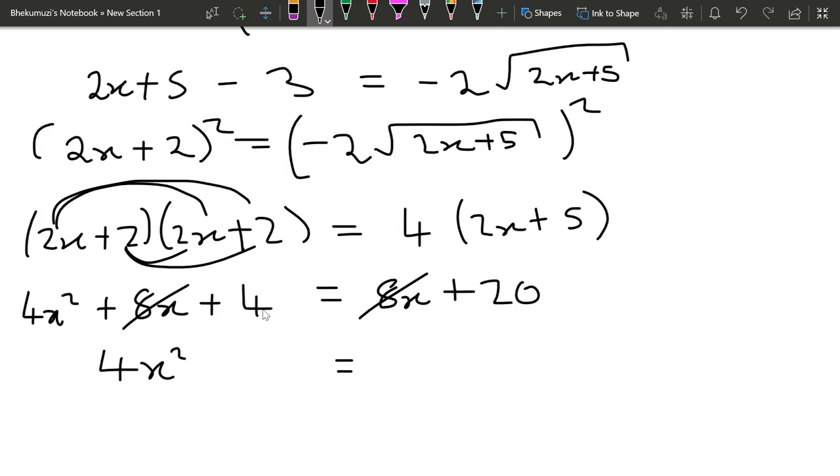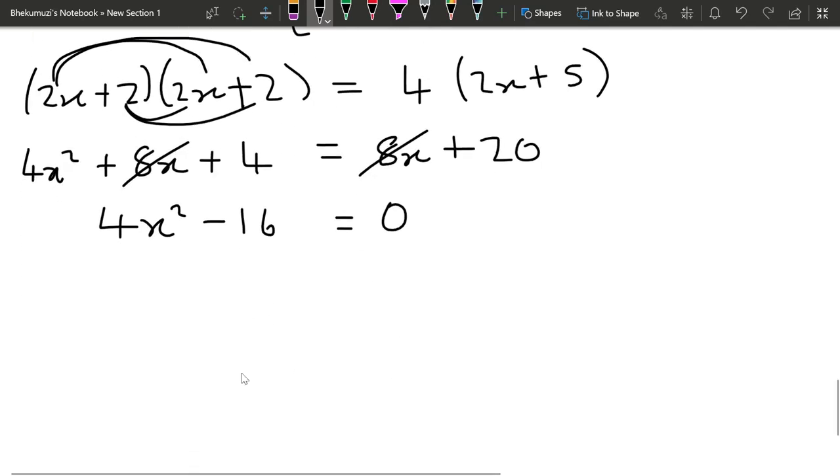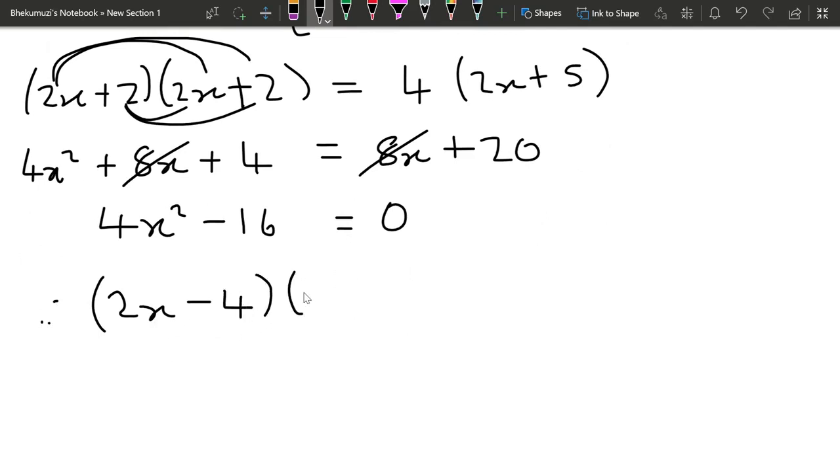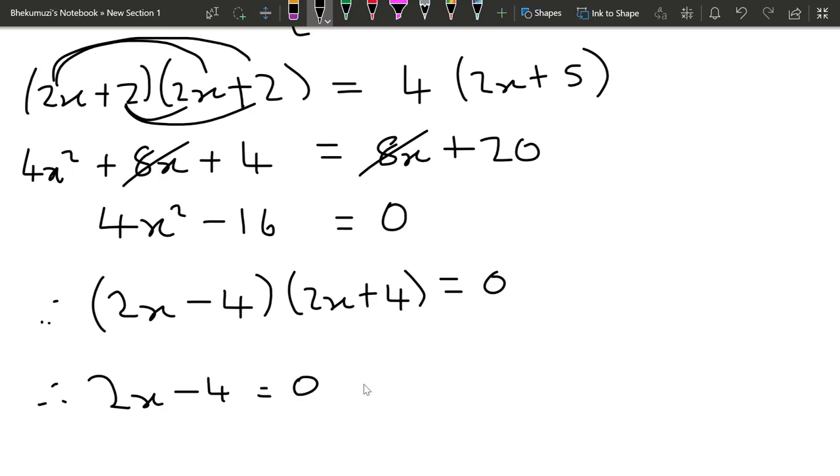So if we take 20 onto this side, then it's minus 16. And this is a difference of two squares, right? If it's a difference of two squares, then it's 2x minus 4 and 2x plus 4, right? And that's equal to 0. And therefore we have 2x minus 4 equal to 0, or 2x plus 4 equal to 0.